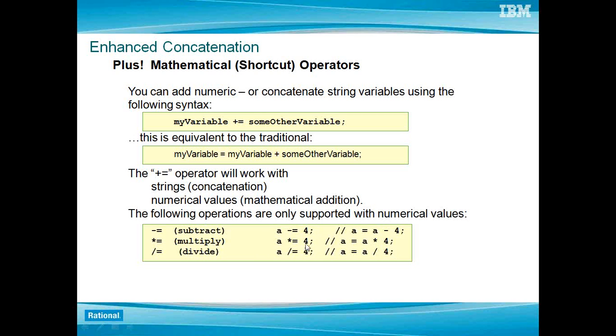If you see at the bottom, we have a minus equal sign and 4. Here we are trying to subtract 4 from a. This is similar to the longer syntax, but this is a shortcut syntax.